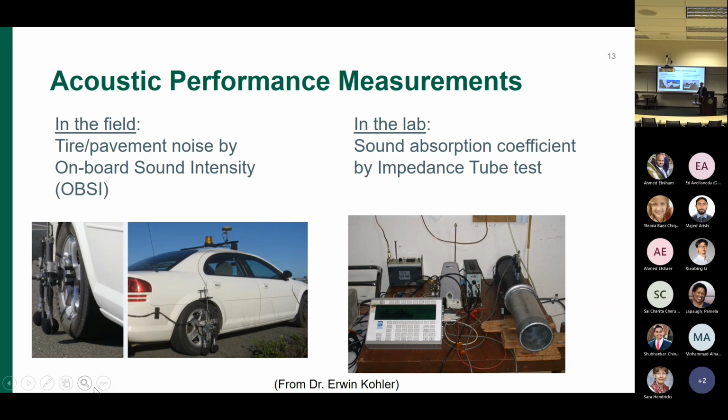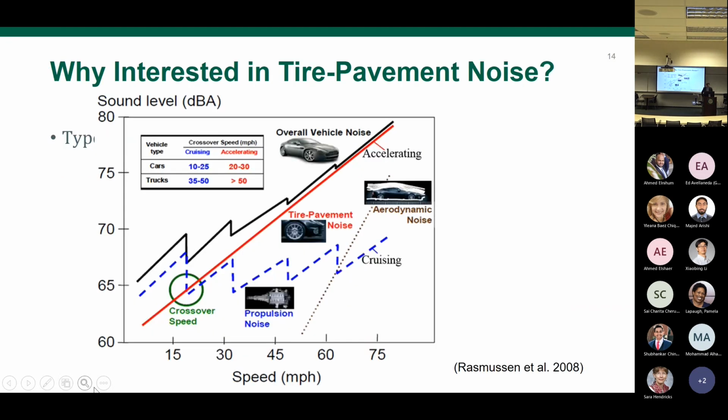So the higher this coefficient, the more capable the mix is of absorbing sound energy, or reducing the noise. So why are we so interested in the tire noise in the field? That's because the traffic noise on the roads mainly comes from three sources.